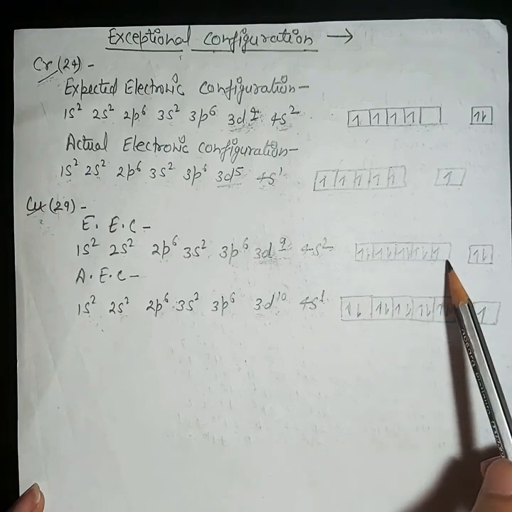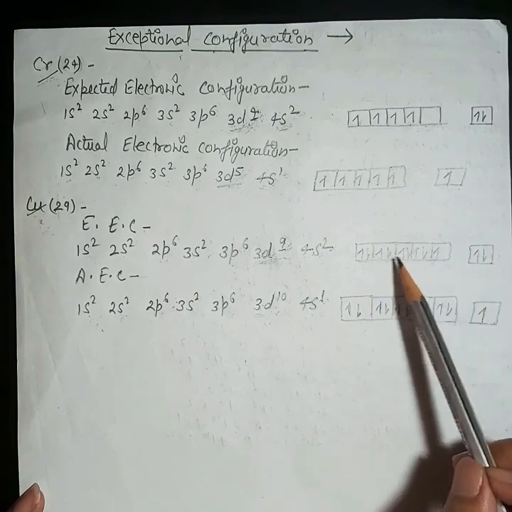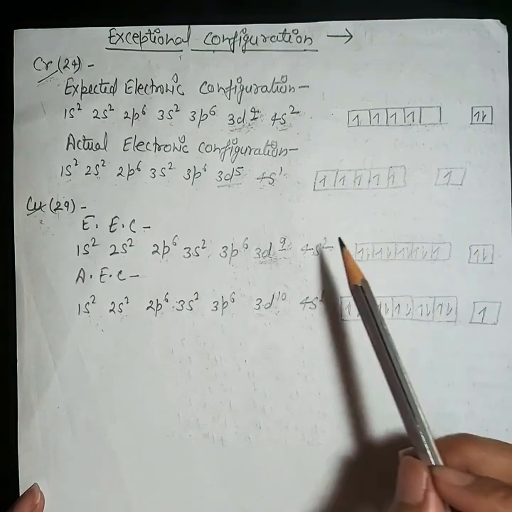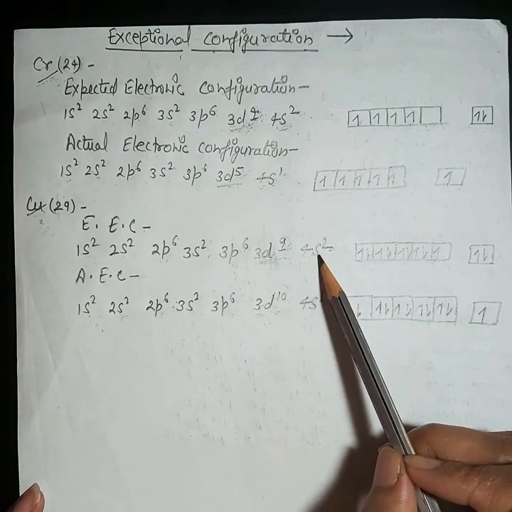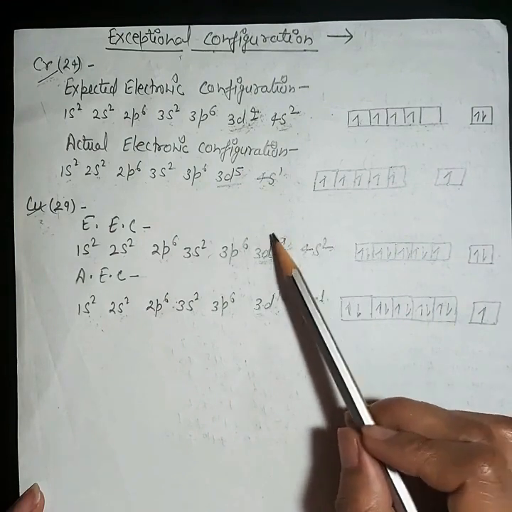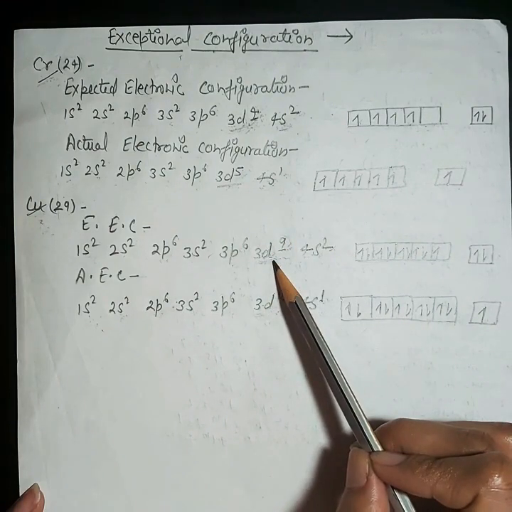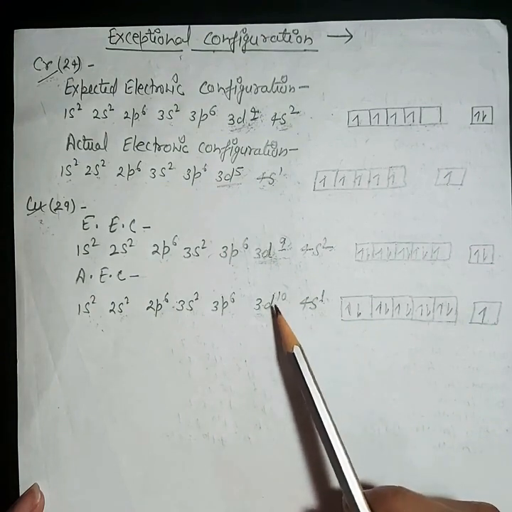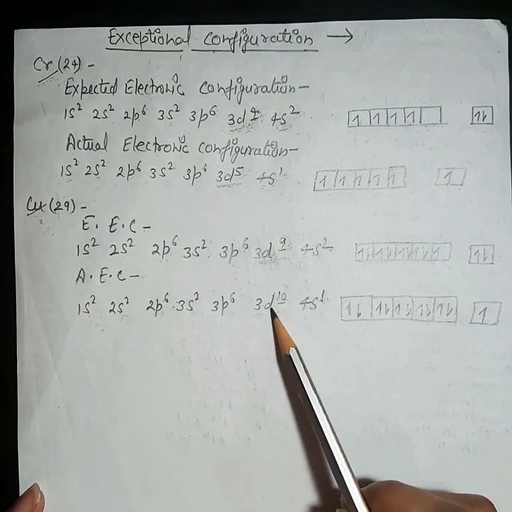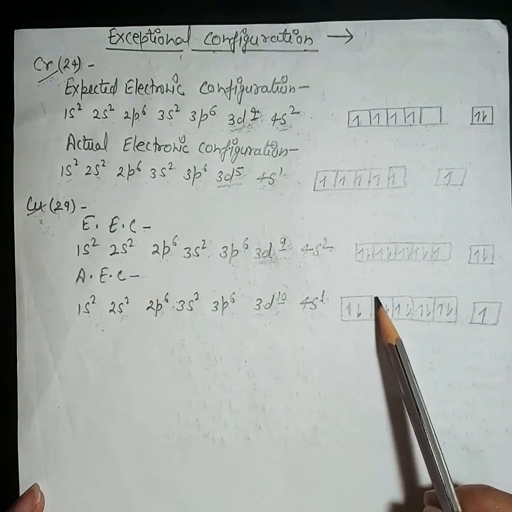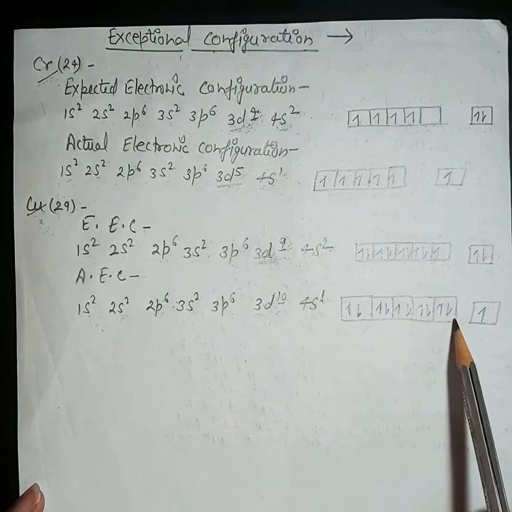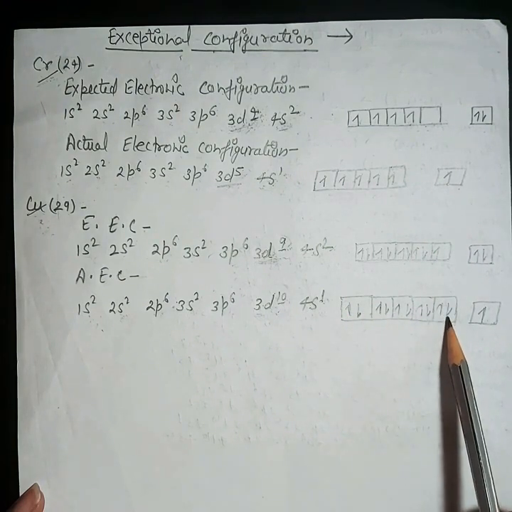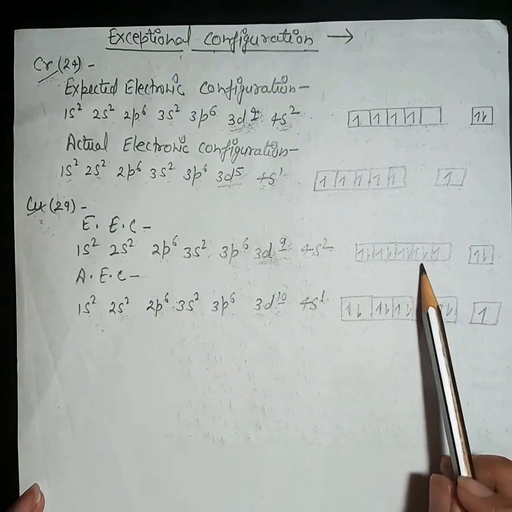So it is not completely filled or half filled. If an electron of the 4s orbital transfers to the 3d subshell, then it has 10 electrons in the 3d subshell, and 10 electrons means completely filled. So it will have more stability than the other configuration.